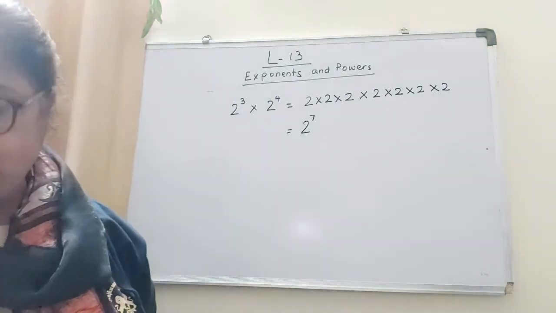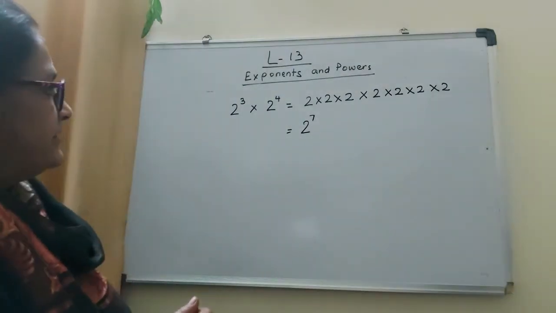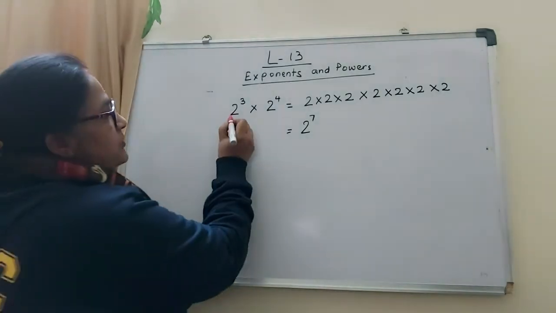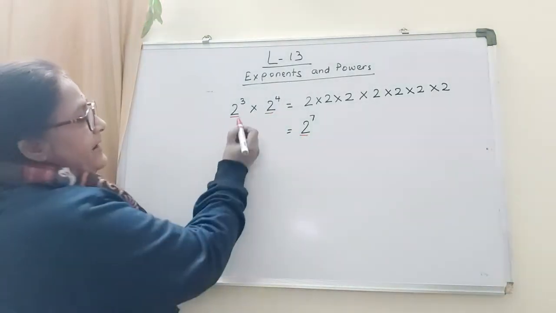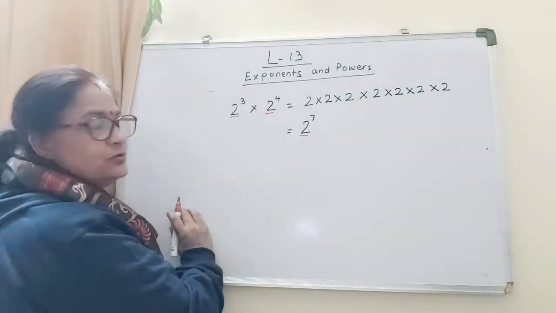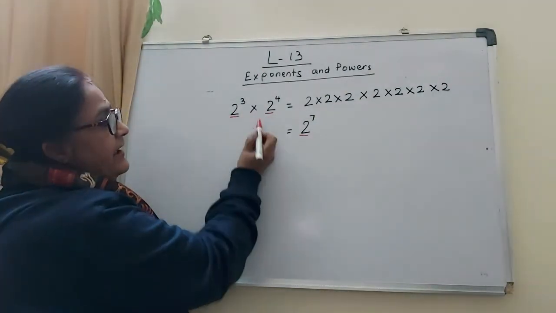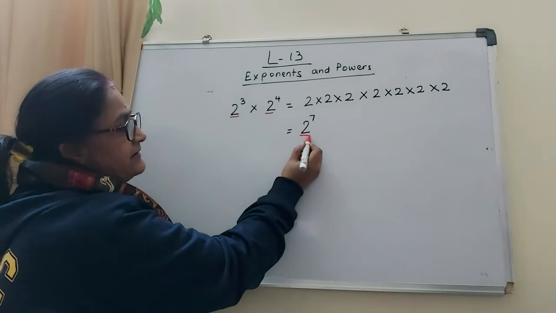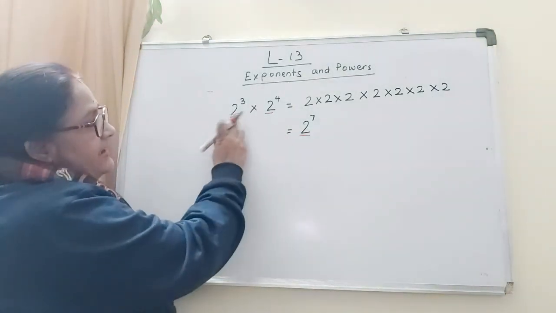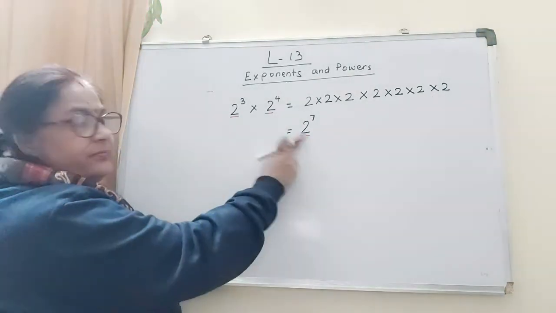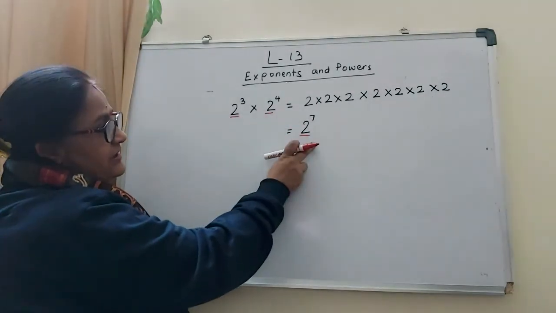Now what did we see out here? Now you check out here. What was the base being multiplied? The base being multiplied was 2 in both the cases. And what answer did I get in exponential form? I got that same base. Has the base changed here? No, base has not changed.